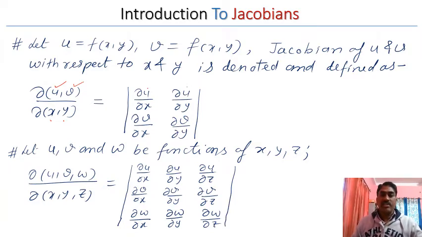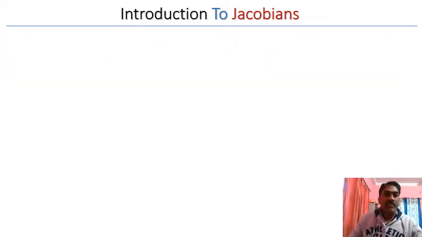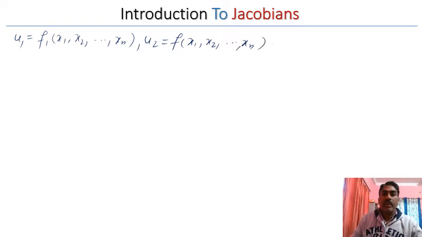And in the same fashion, in general, suppose u1 is a function of x1, x2 up to xn, u2 is some function of x1, x2 up to xn, and finally un is some function of x1, x2 up to xn, meaning there are n functions and n variables.